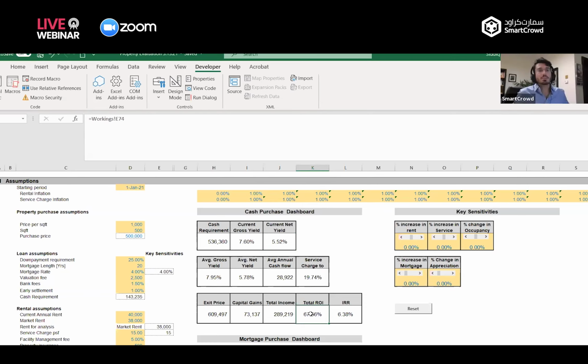So just to pause on that one, right? Because I know there are quite a few people on this session with us that are sophisticated, that do understand these terms. But when you do say amortized, what exactly do you mean? So for example, brokerage fee, right? When you buy a property, you pay 2% brokerage fee. So for this 500,000 dirham apartment, you're paying 10,000 dirhams in brokerage fee.